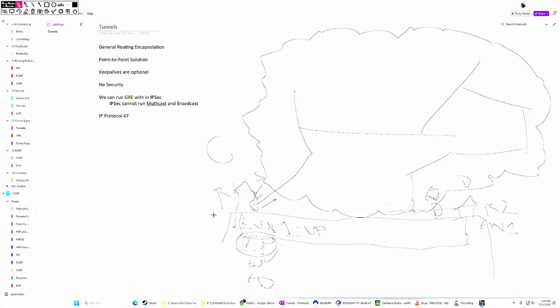Now, have no illusions. There is no logical without the physical. So I might be sending it out the tunnel, but what I'm really doing in reality is still going the physical path of that packet 10 hops down.